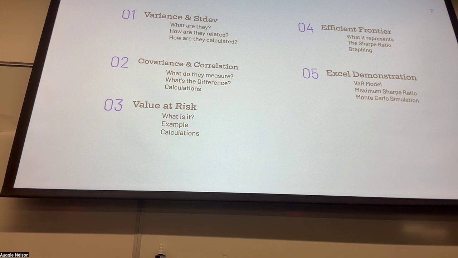We'll talk about variance and standard deviation, what they are, why they're important. Then covariance and correlation. That leads us into our two actual risk management techniques, which are value at risk and the efficient frontier. When we get to the efficient frontier, with the Excel template that I sent out, as long as you're up for it, we'll walk through the construction of one together.